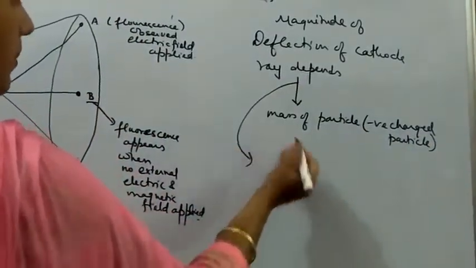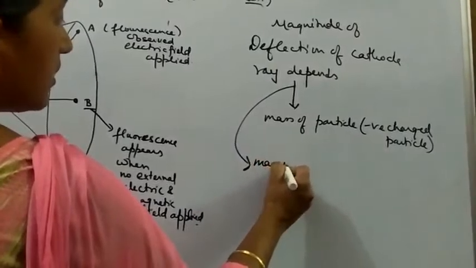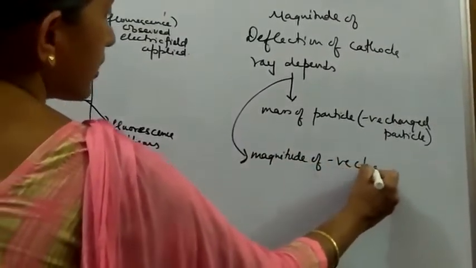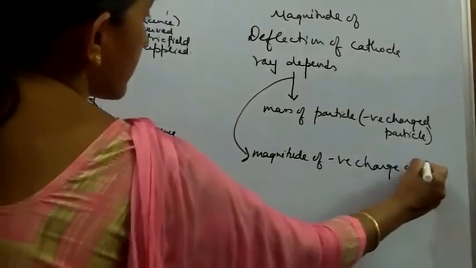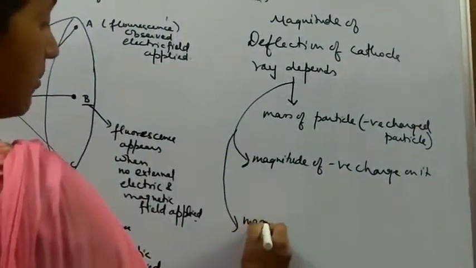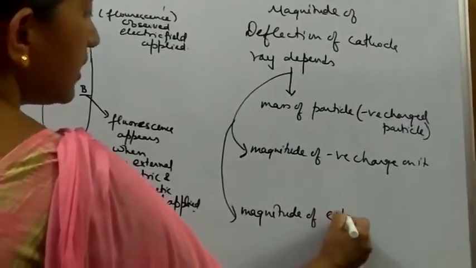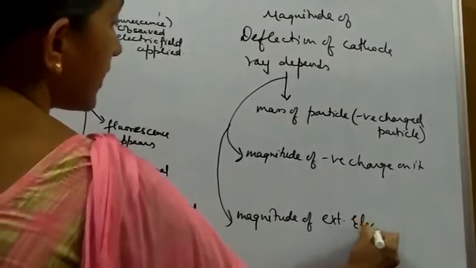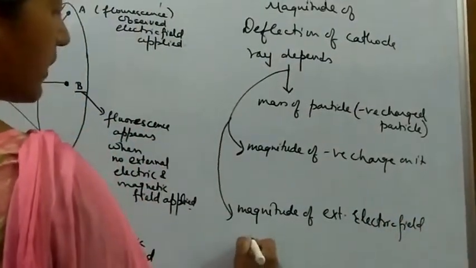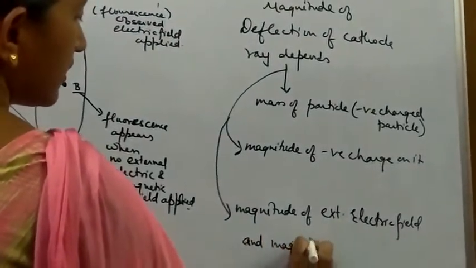Second, it will depend upon the magnitude of negative charge on it. And third, it will depend upon the magnitude of the external electric field and magnetic field.